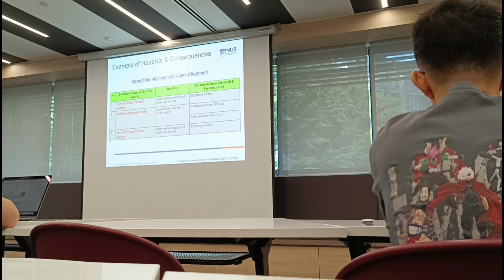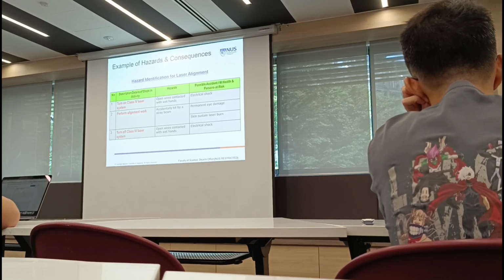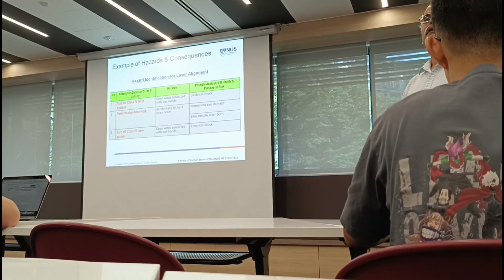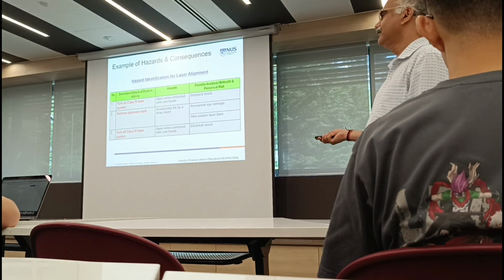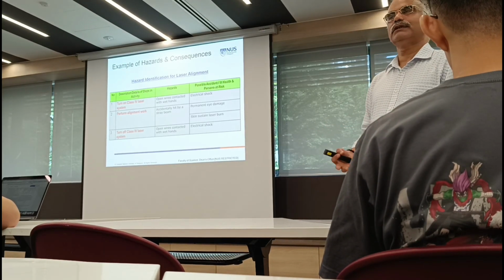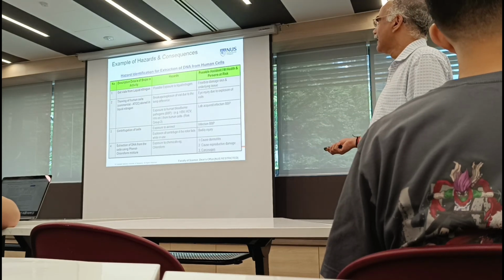You can get an electric shock when you turn the switch, permanent eye damage if you look directly into the laser, right? Skin laser burn if you put your hand in the laser beam, skin abrasion and things like that, right? Open wires, and when you're touching any switch, you must be very careful, right? Electrical shock would be the common one.